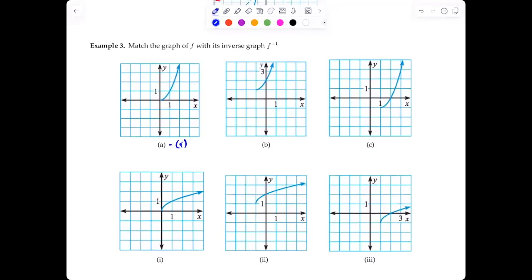All right. So remember, it is the line y equal to x, right?